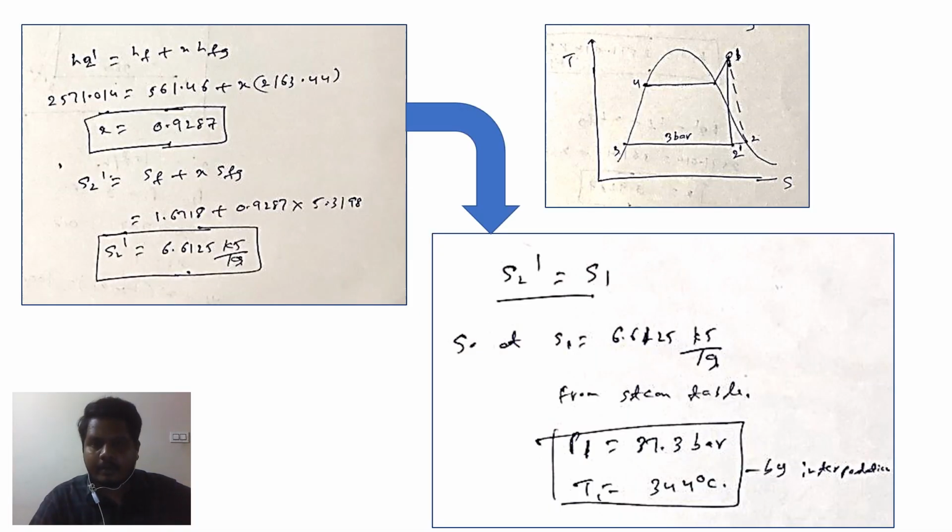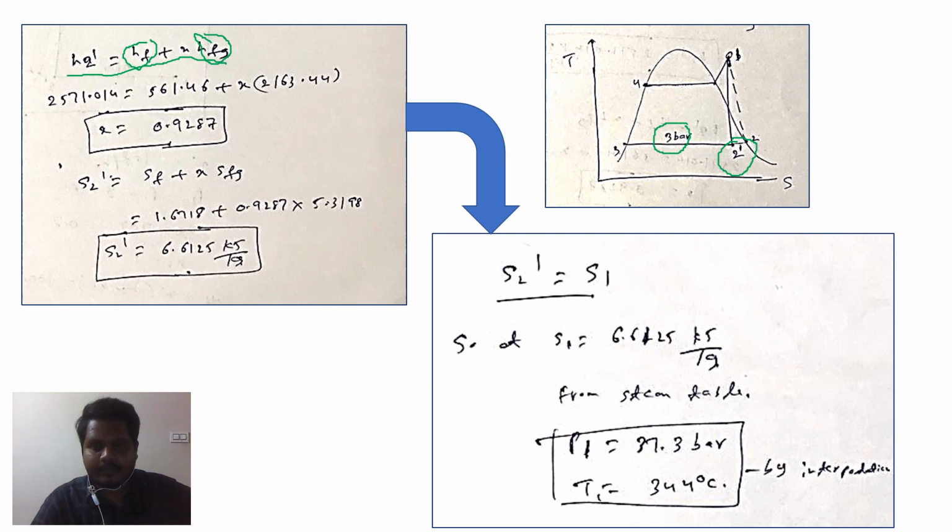Now we can find the entropy at point 2 dash. We know that H2 dash equals HF plus X HFG. Here HF and HFG values we have to take from the steam table. The point 2 dash is in the saturation zone and the given pressure is 3 bar.